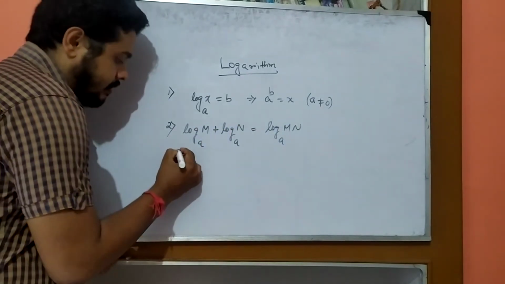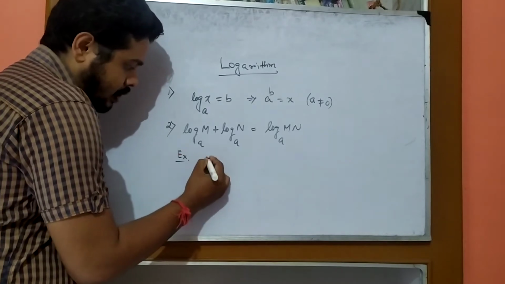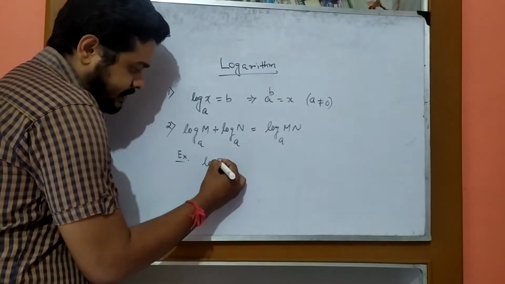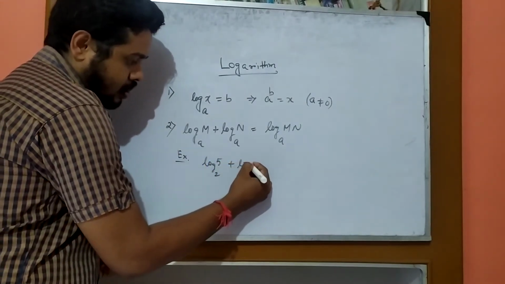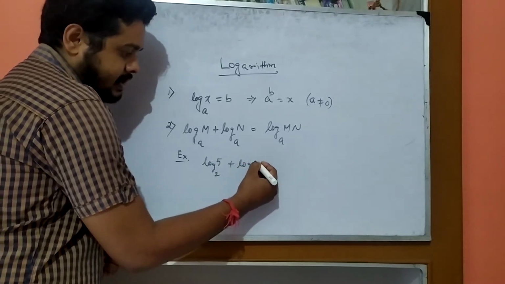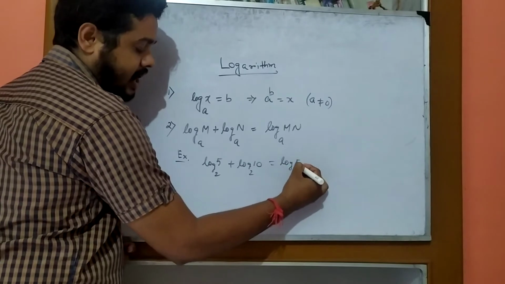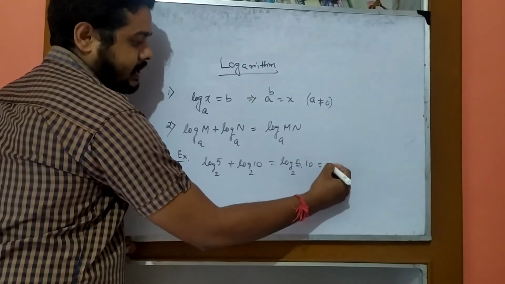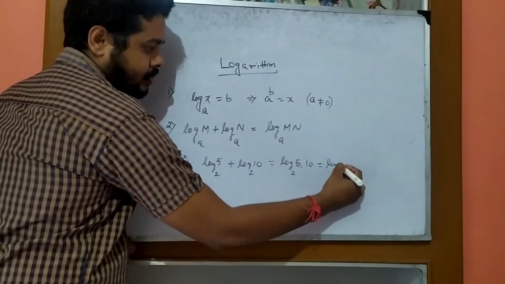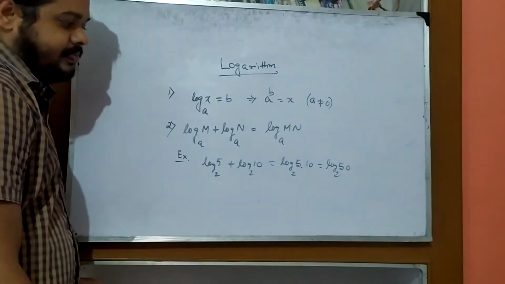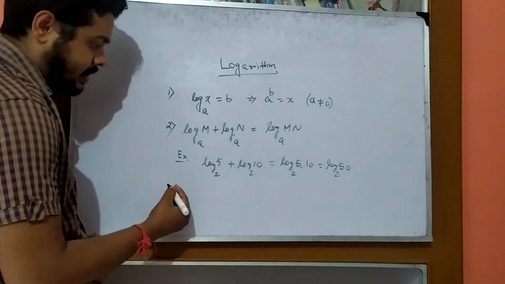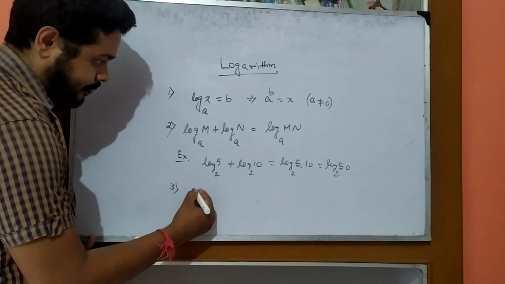For example, log 2 with base 5 plus log 2 with base 10 gives us log 2 with base 5 into 10, that is logarithm to 50. Now third law.